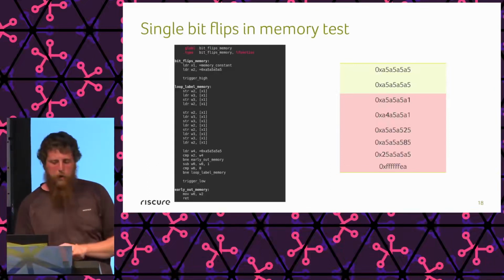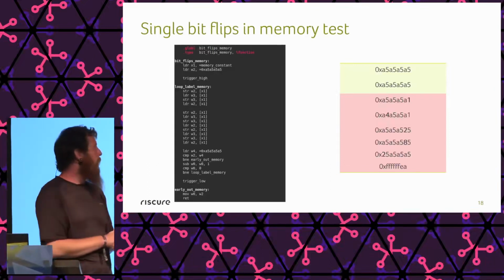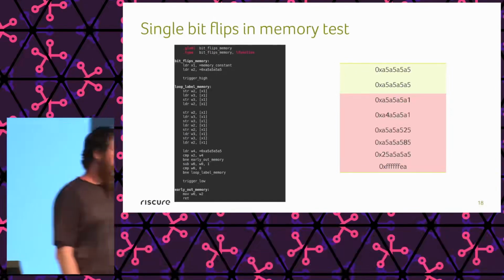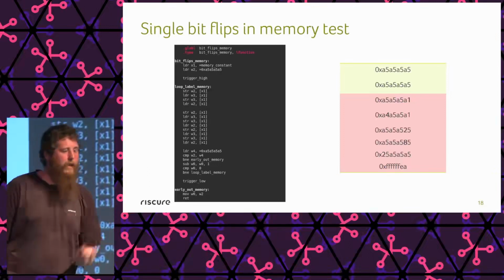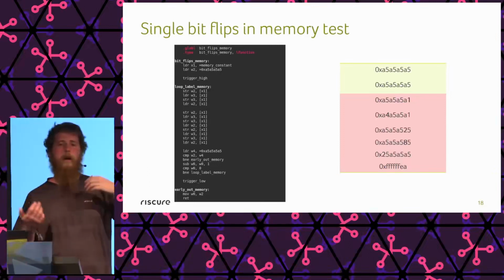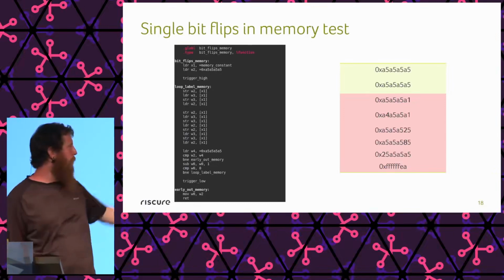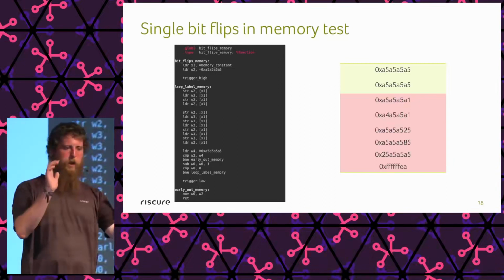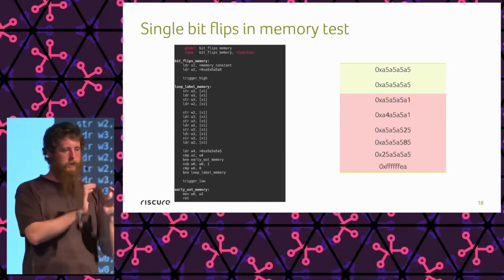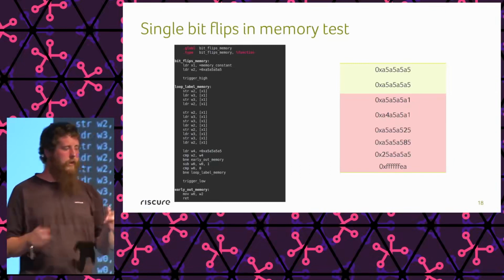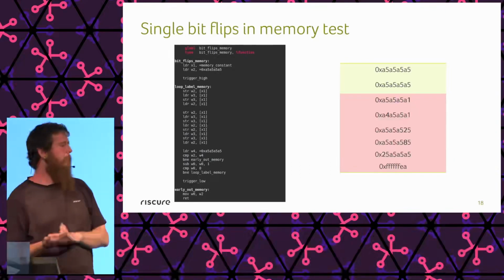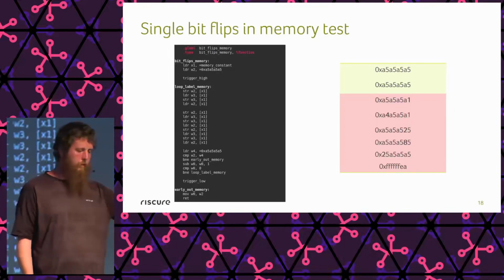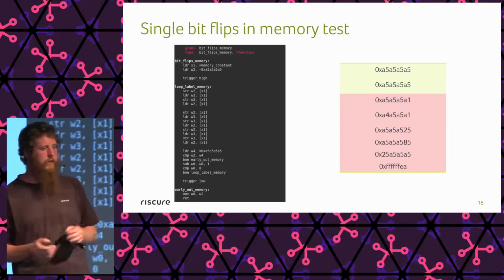Another result that we saw quite a bit was, instead of this full A5 repeated 4 times being returned, we would get just a single A5. That is basically because of the way ARM64 assembly is encoded: the instruction that loads the full 32-bit value versus the one that returns just a byte are also 1 single bit flip different from each other. So what we've seen there is that we can affect both the data and the instruction itself, which loads the data.